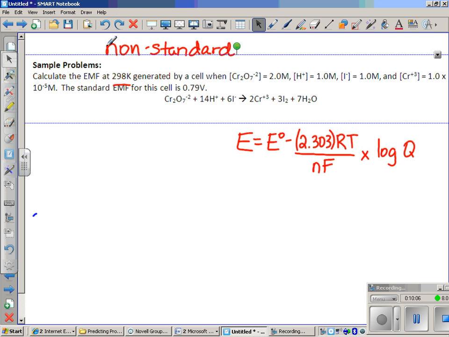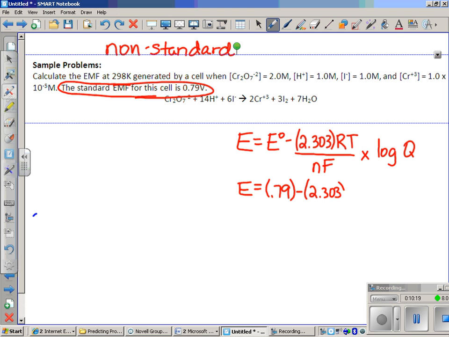We have our standard cell potential, see right here, the standard EMF for this reaction is 0.79. And then we know 2.303, and we know 8.314, and we know the temperature, it's 298. We don't know N, and we know F.